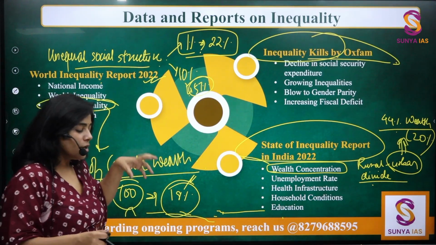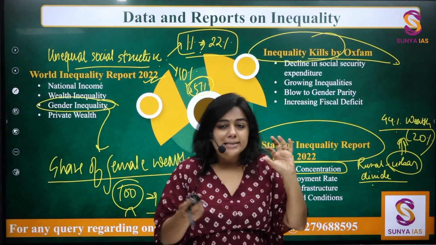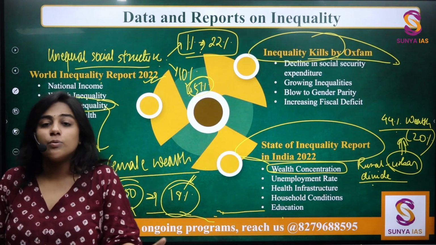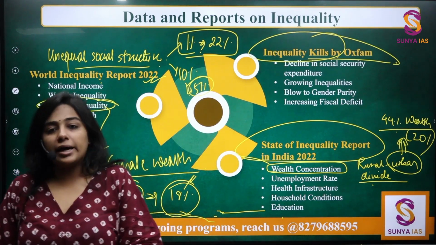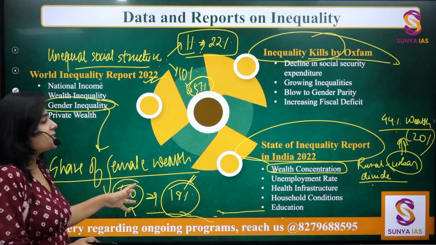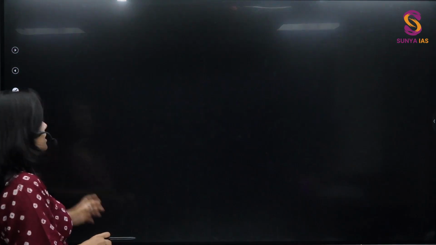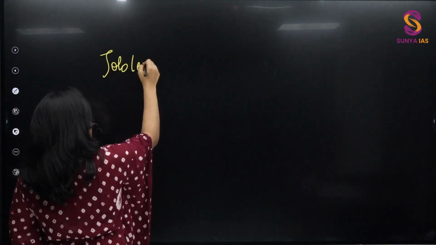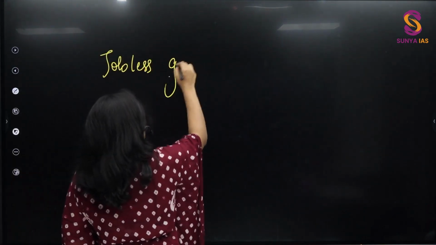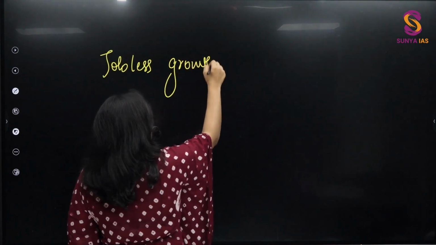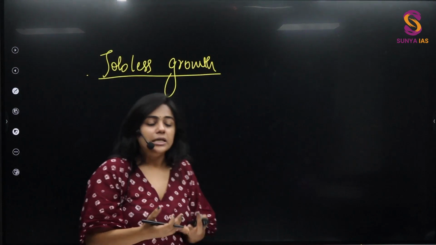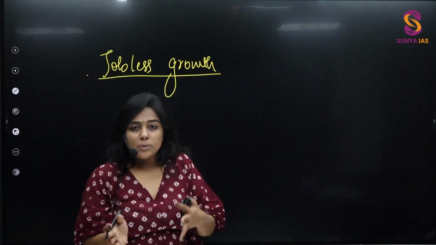Again, I'm saying don't just remember it by heart and put it out on the paper as soon as you see the word inequality. Don't do that. Inequality as a topic is such that it can be asked in various ways. For example, it can be asked in the form of jobless growth: how jobless growth leads to income inequality, how inequality leads to jobless growth.